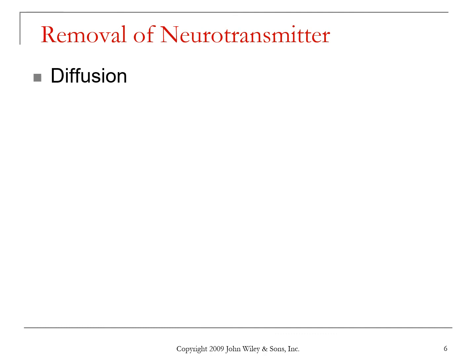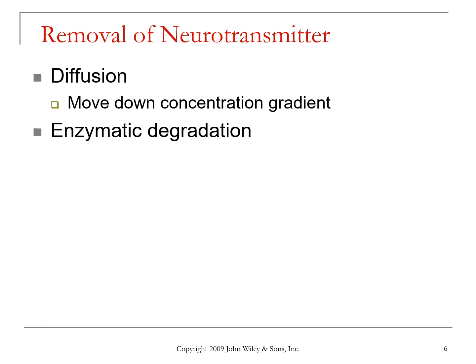Some of it moves out passively by diffusion, so it just drifts away out of the cleft and no longer is affecting the postsynaptic membrane as the neurotransmitter moves down its concentration gradient. Often, there is an enzyme that breaks down or degrades the neurotransmitter. So we have synaptic enzymatic degradation. We saw this with acetylcholinesterase that broke down acetylcholine at the neuromuscular junction.